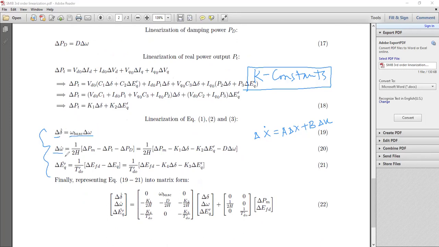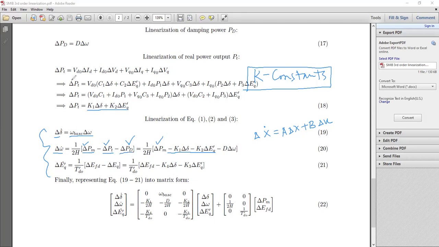Del omega dot was the second equation. And this del PM, del PT, and del PD, if we replace them, of course, del PM is the input. So it remains as it is, one of the inputs, of course. Del PT is K1 del delta plus K2 del EQ prime, because there is a minus before that del PT. So they two also have minus signs before them.